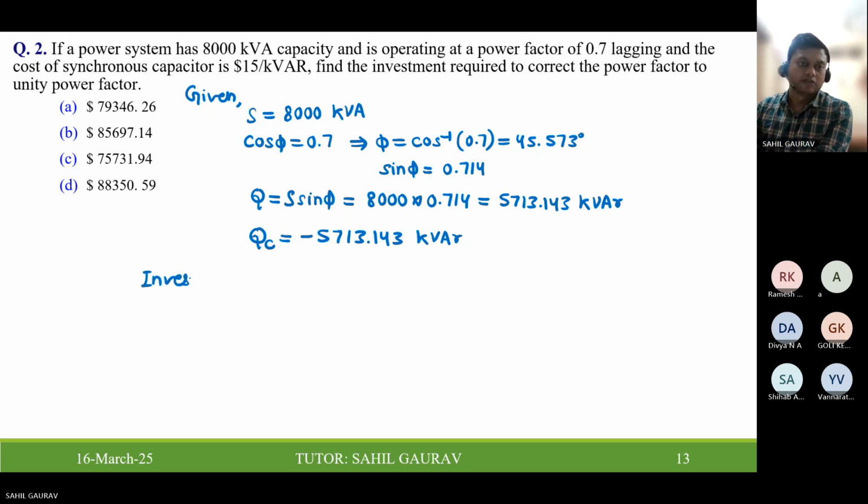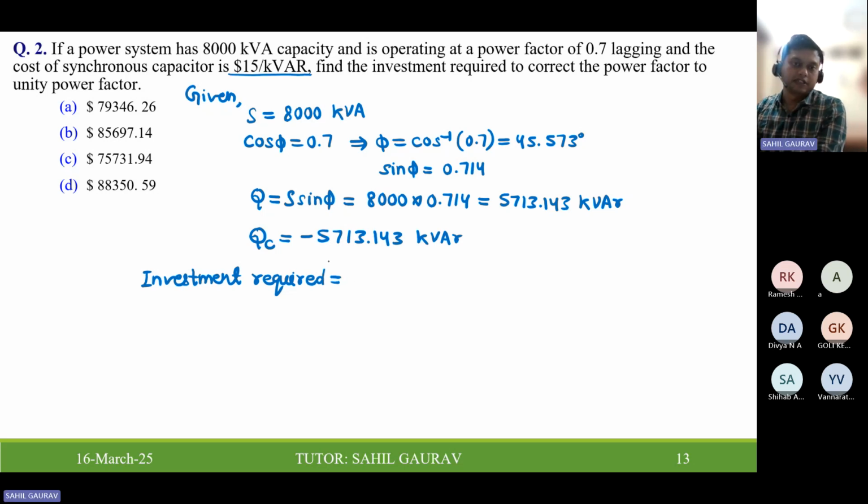Therefore, the investment required: $15 per kVAR, and here we are getting 5713.143 kVAR.